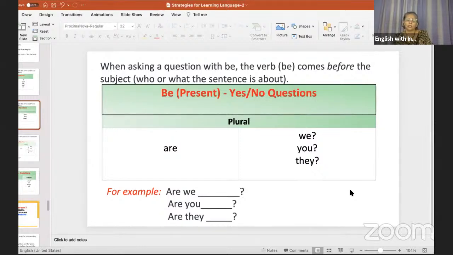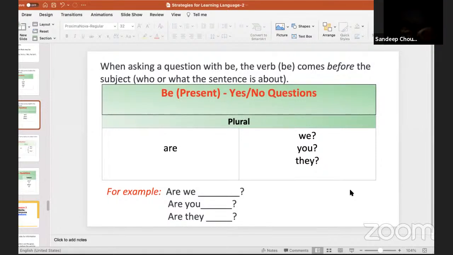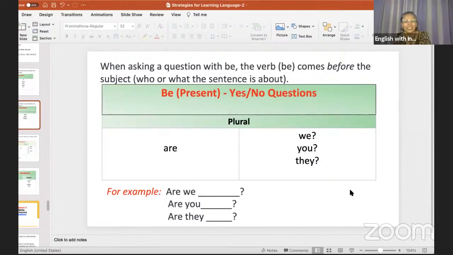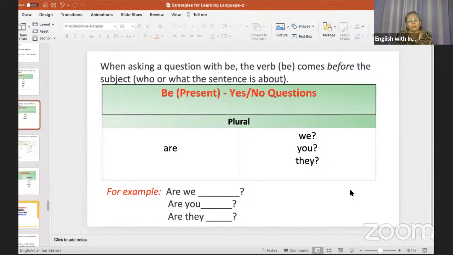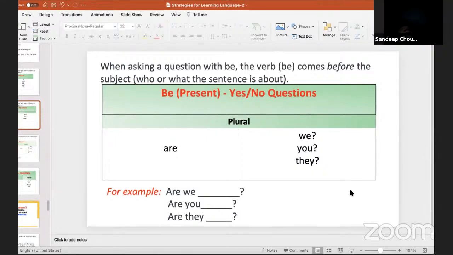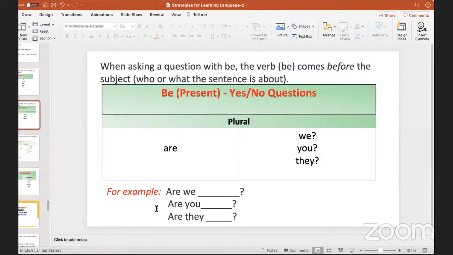Are we in trouble? Are we doctors? Are we students? Are we English language learners? Yes, we are. Yes, you are.